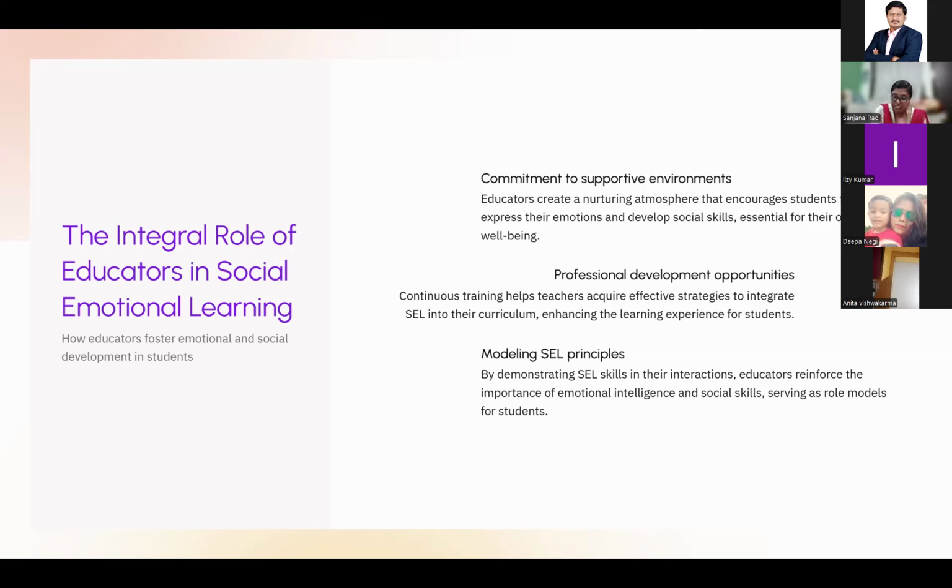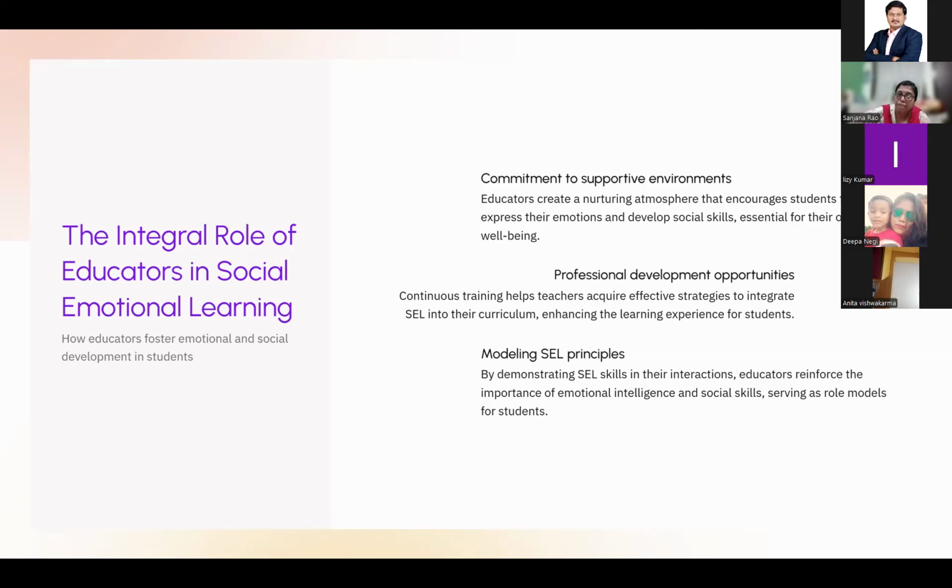Educators create a nurturing atmosphere that encourages students to express their emotions and develop social skills essential for their overall well-being. And next is professional development opportunities. Continuous training helps acquire effective strategies to integrate social and emotional learning into the curriculum. It enhances learning experiences for students.